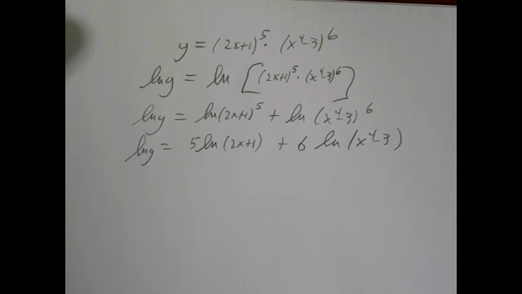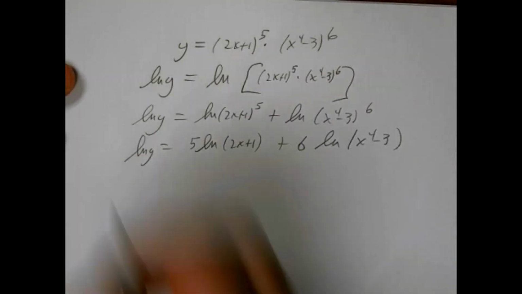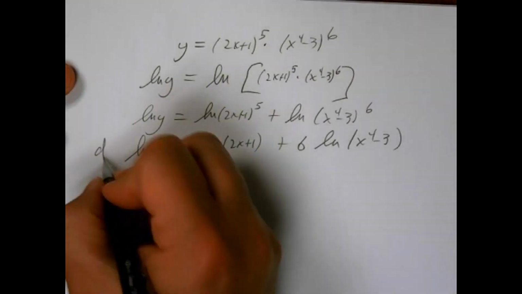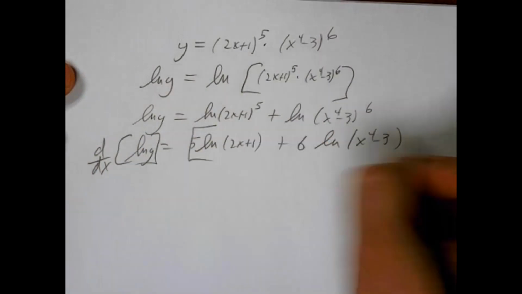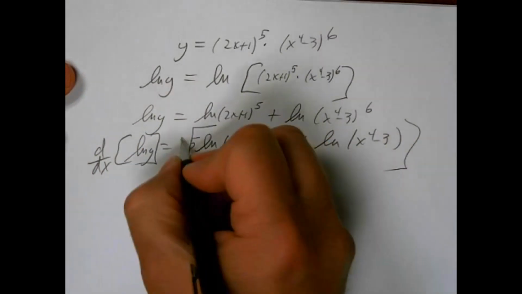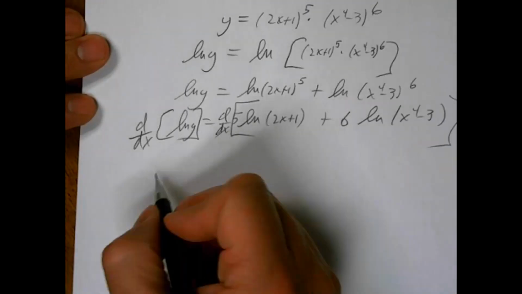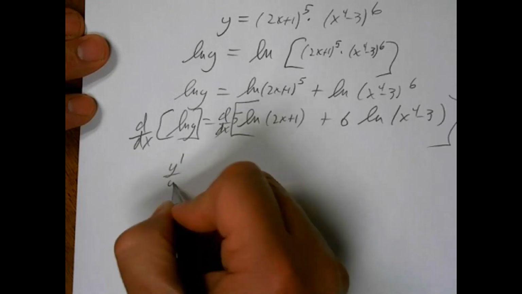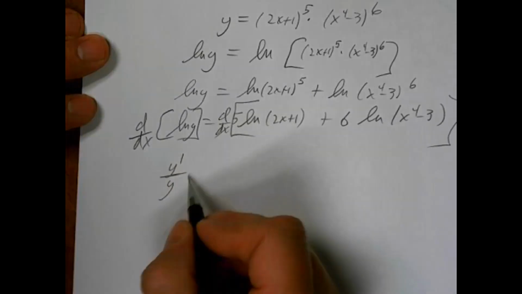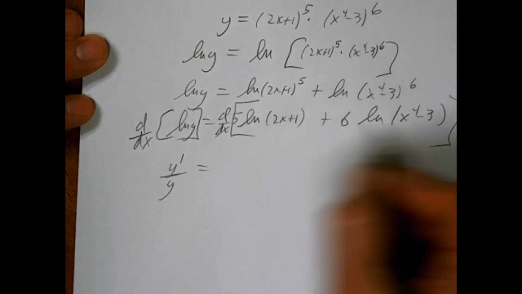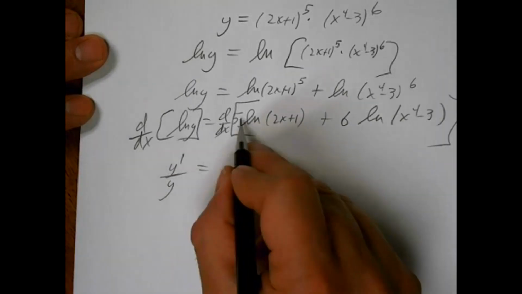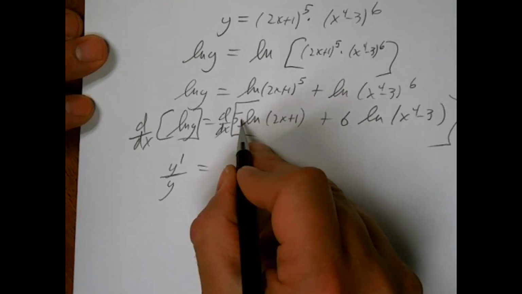And now I'm finally ready to take an actual derivative. Differentiate here and differentiate the whole side here with respect to x. Derivative with respect to x here is y prime over y. I went ahead, instead of saying times, I just put that on top. Here I can differentiate a sum with constant coefficients, which is pretty easy.